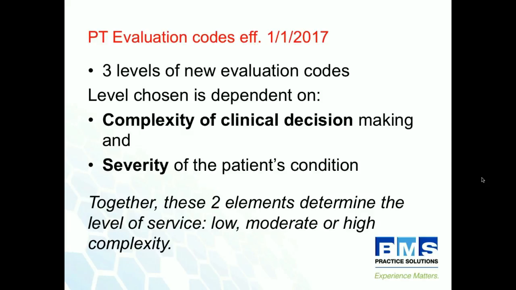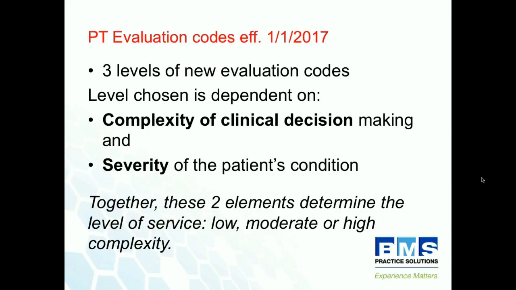So the PT evaluation codes, which go into effect on January 1st, there's 3 levels of evaluation codes, and the level is chosen dependent on the complexity of clinical decision-making and the severity of the patient's condition. Together, these 2 elements determine the level of service.